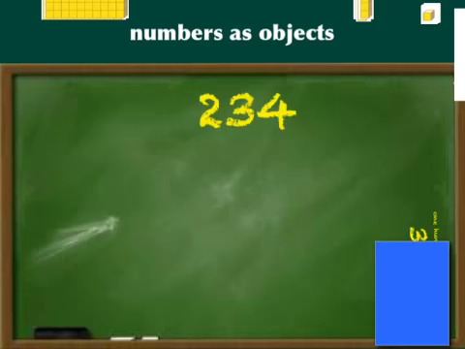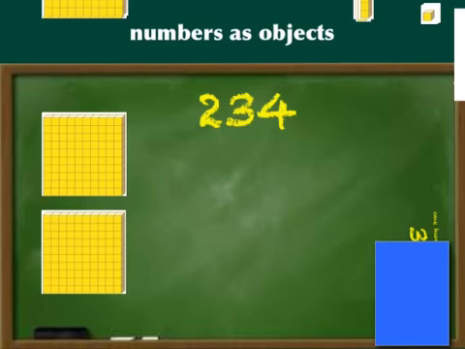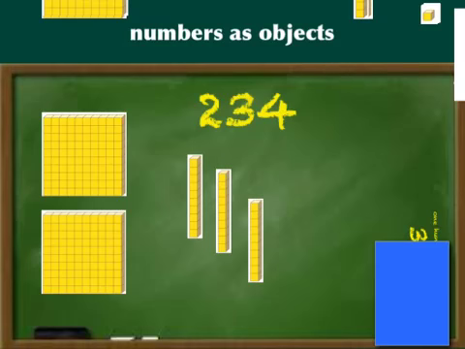So I'm going to use my blocks to make that. 1, 200, 1, 2, 3 lots of 10 makes 30, so that's 230. And then 1, 2, 3, 4 ones. 234.